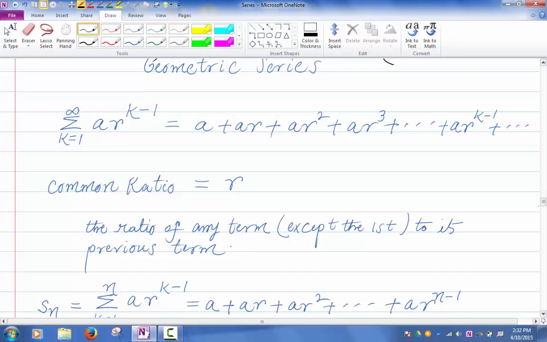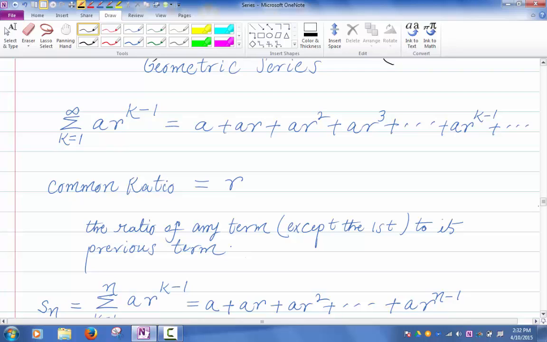Now notice that every term has a factor of a, and the ratio of any given term to its previous term is always r. That is, for example, if you divide ar cubed by the previous term ar squared, what do you get? r.